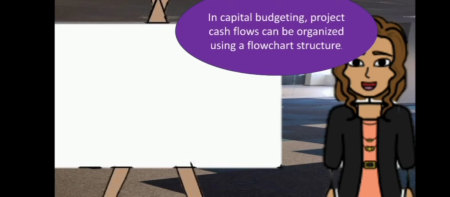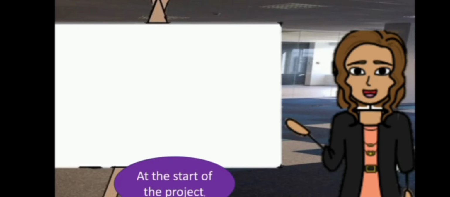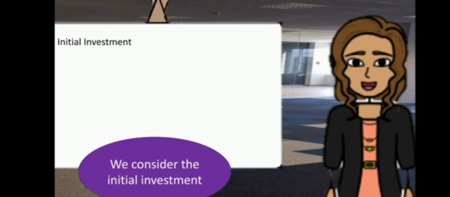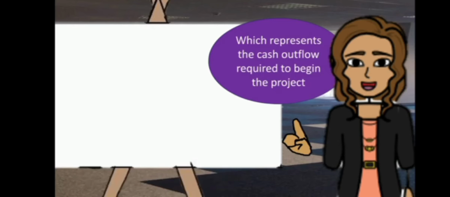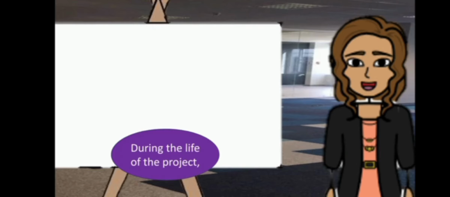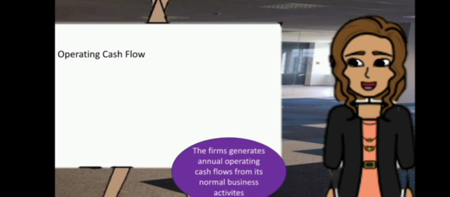In capital budgeting, project cash flows can be organized using a flowchart structure. At the start of the project, we consider the initial investment, which represents the cash outflow required to begin the project. During the life of the project, the firm generates annual operating cash flows from its normal business activities.